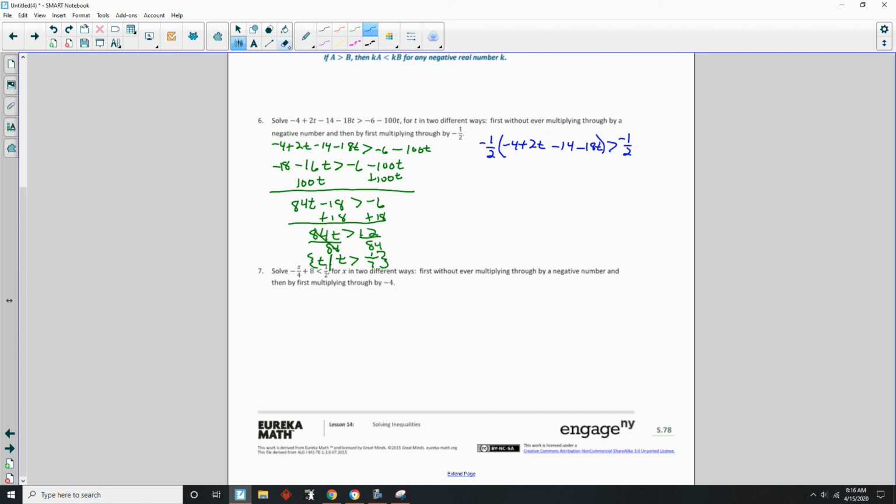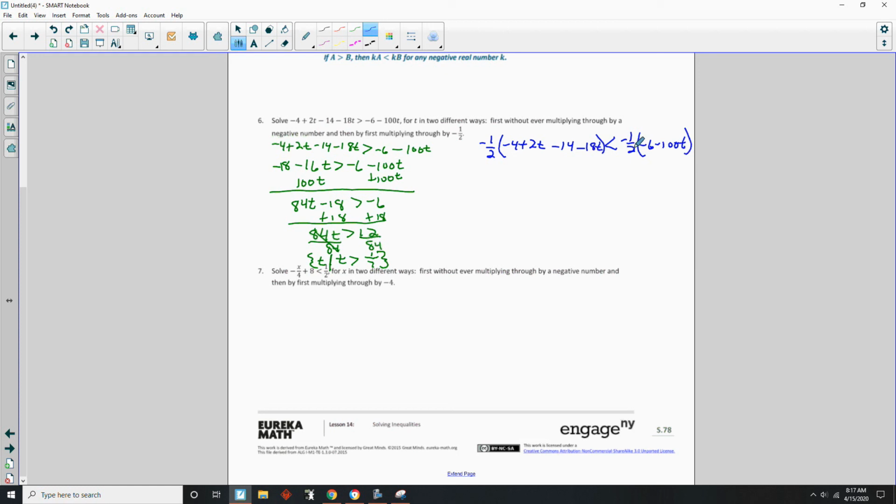But I'm multiplying by a negative 1/2, so let me just follow the rule that we just came up with in the last step. The inequality flips over. What did I just do? Control Z. Okay, go back to here. All right, so it was this way, now it is that way. So greater than became less than, and I put a negative 1/2 here, parentheses, negative 6 minus 100t.